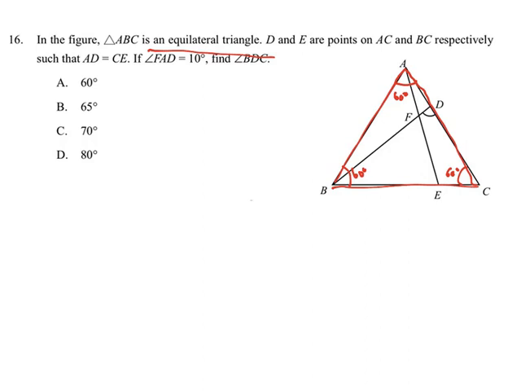And then we know that AD and CE are the same, equal length, and FAD is 10 degrees. Now we need to find BDC.